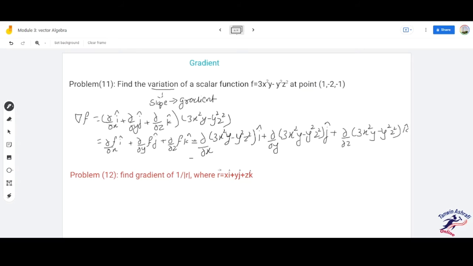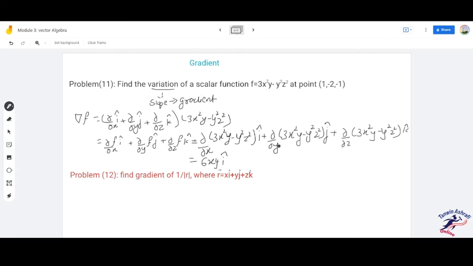Now if I take the partial derivative of this, 3 into 2, 3 twos are 6xy, 6xy i cap.